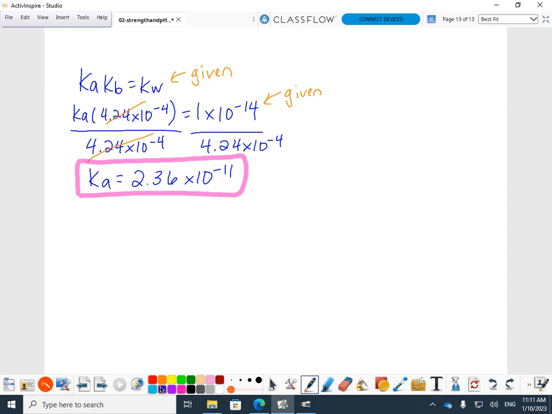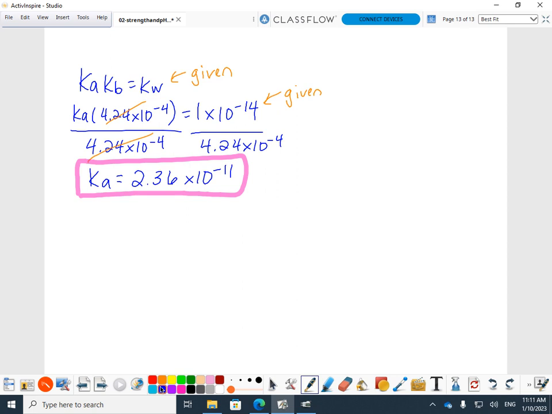Okay, and then it wants us to do pH. So you have two options, just like that one example with the base we did for strong acids, strong bases. pH is calculated as negative log H plus, which we don't have. But you can do pOH and then use pH plus pOH equals 14 to find pH, which is the least amount of math.